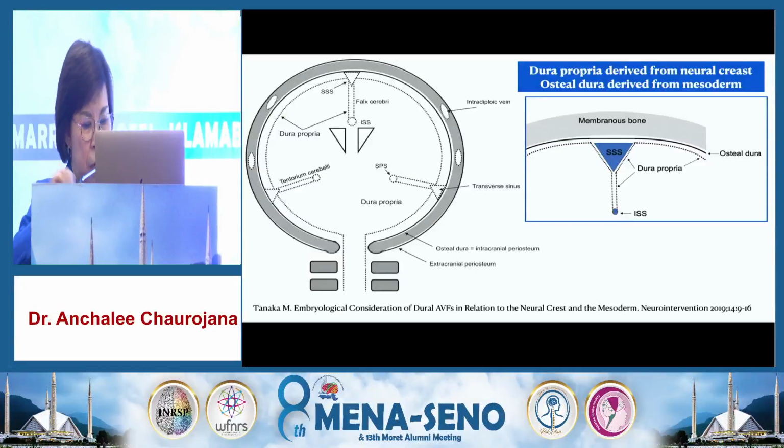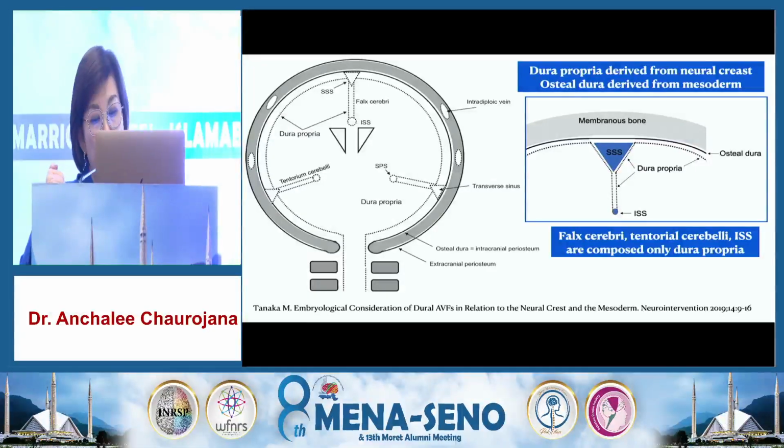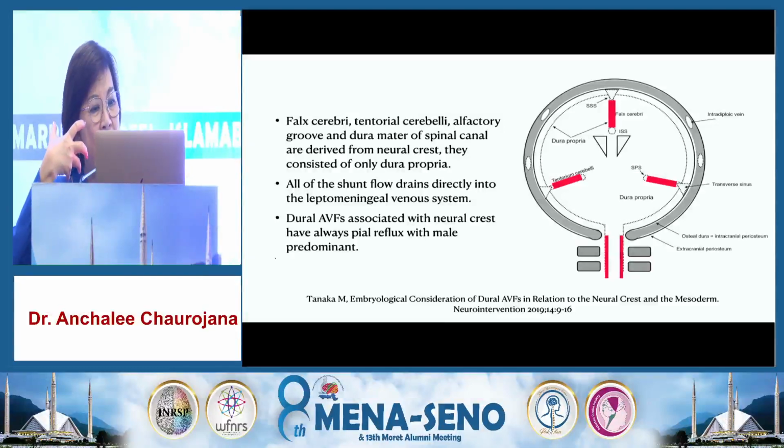Whereas the falx cerebri, inferior sagittal sinus, and straight sinus are composed of dura propria only. Why is this important? As I told you, dura propria is derived from neural crest.